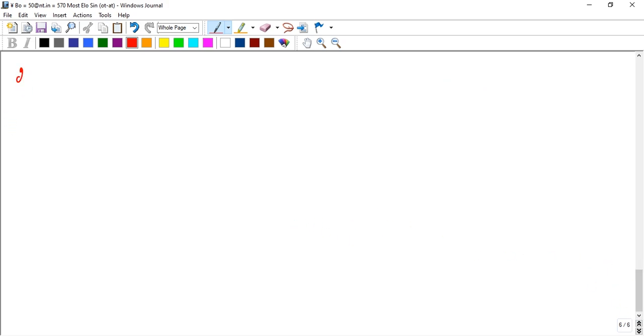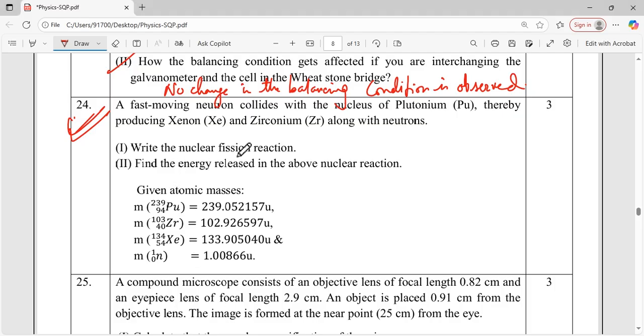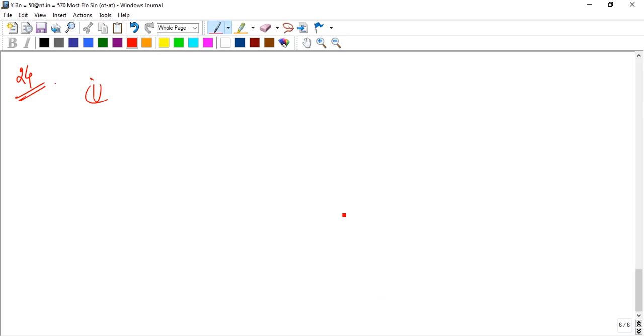Question number 24. So first, the nuclear fission reaction.